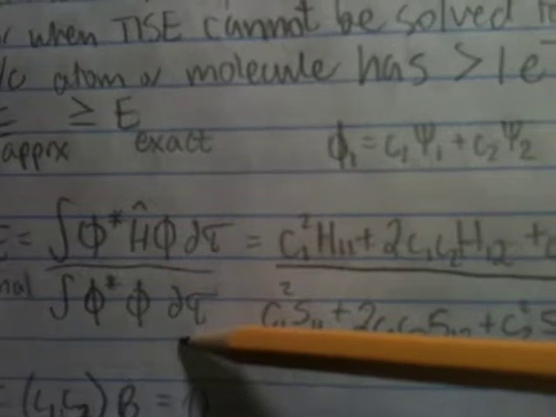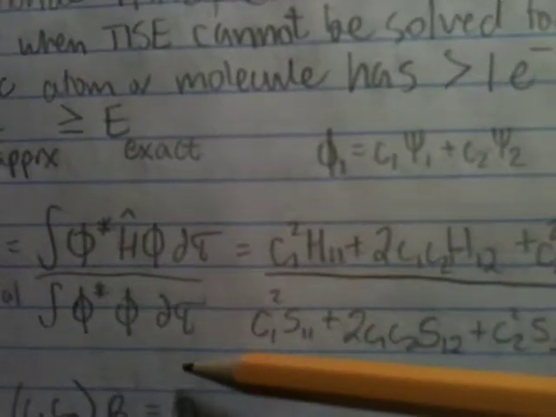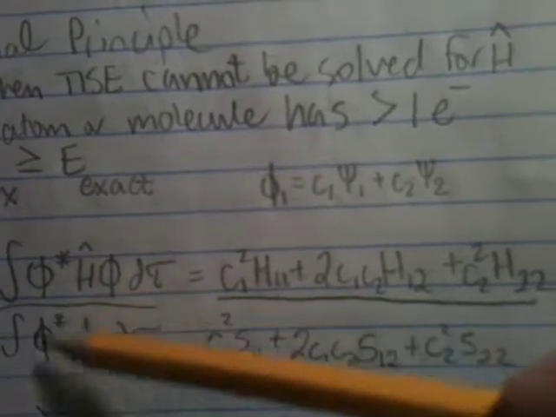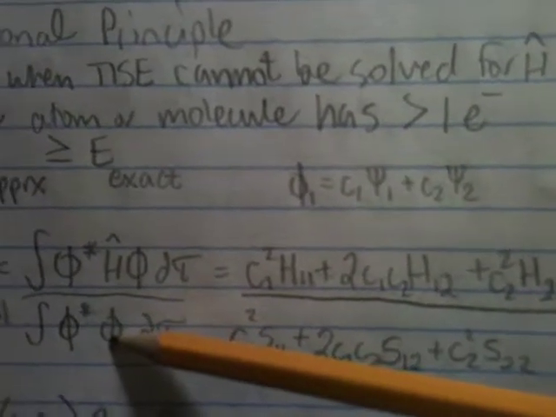Normalized, that's what this means. For orthogonal, you have no need for an overlap integral. This is the overlap integral. You will not need this if it is orthogonal, because this will be normalized, so this will just be 1.